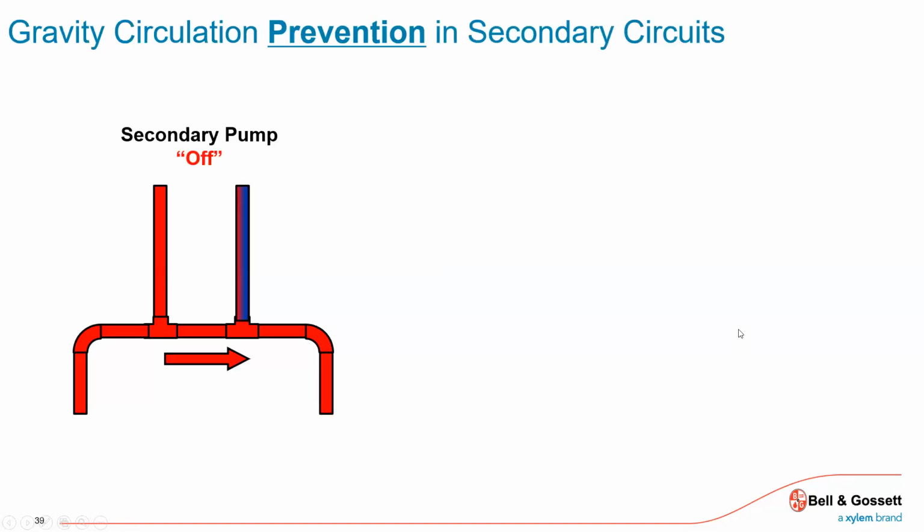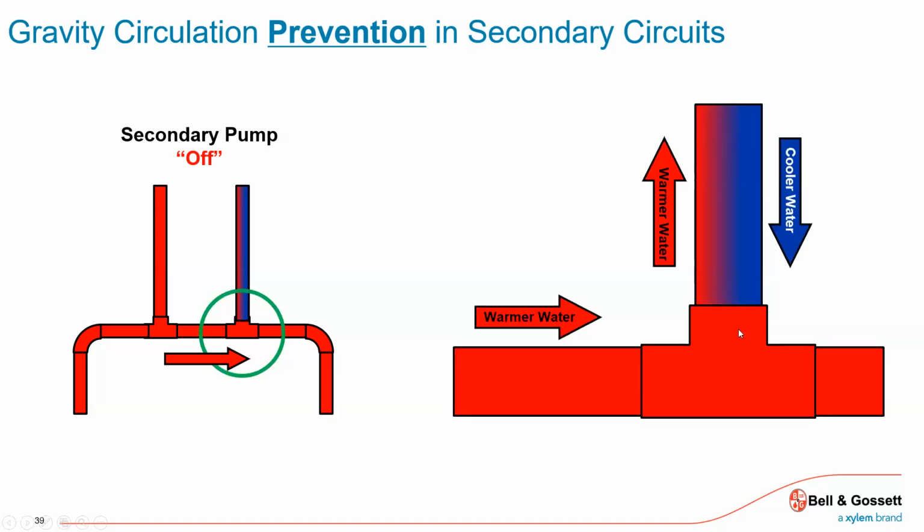Just a real quick note, gravity circulation in secondary circuits. If I've got hot water moving across this common pipe here off of this bridge, and the secondary pump, for whatever reason, happens to be off, they can actually experience sometimes on that open T, you might have a little bit of heat migrating.